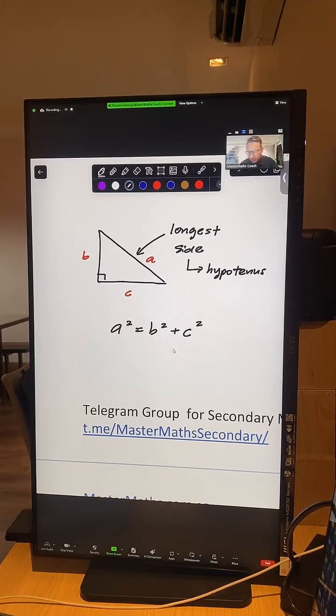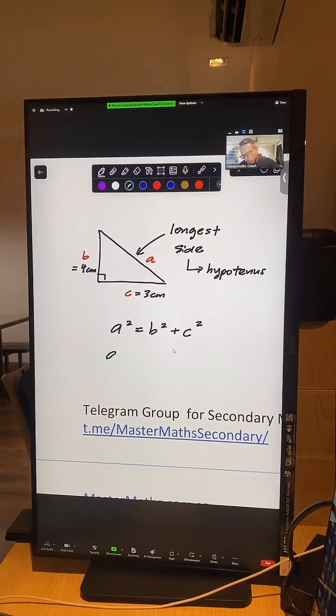So let's say my B is 4 cm and my C is 3 cm. If I have B and C, I can find A.